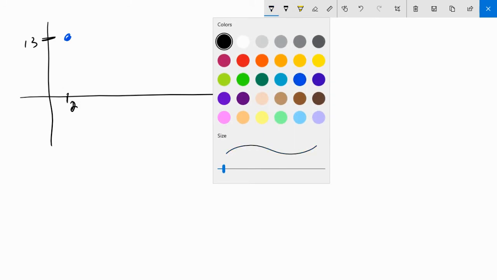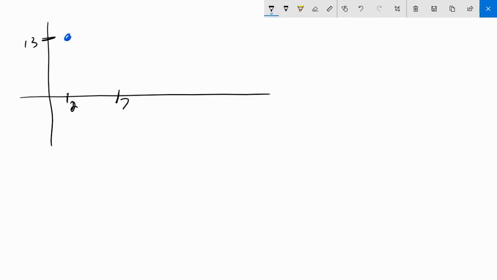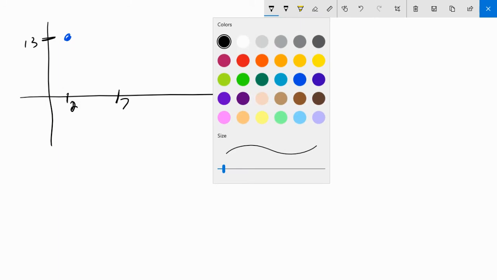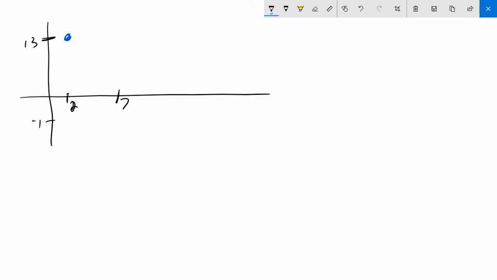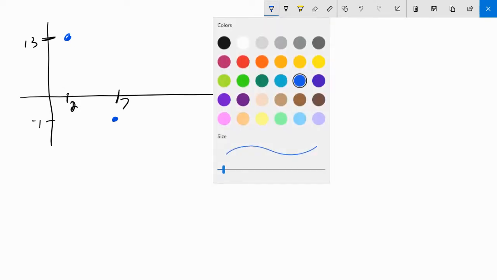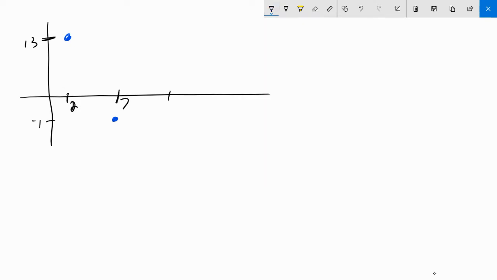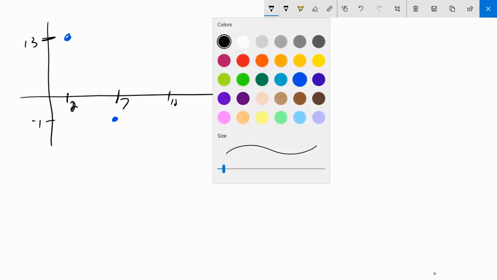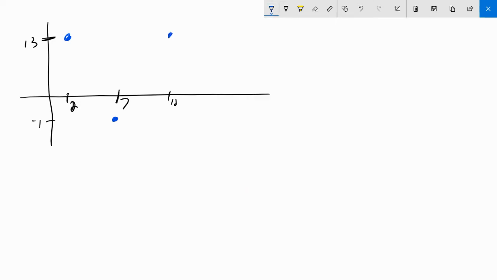We also said at t equals 7, there's going to be a minimum value of -1. Period of 10 seconds means 10 seconds to repeat. So 2 seconds is a max. 10 seconds later will be another max at 12. 10 seconds after your minimum takes you to 17 seconds. That's going to give us a minimum value of -1.